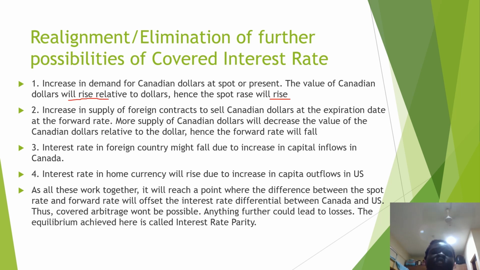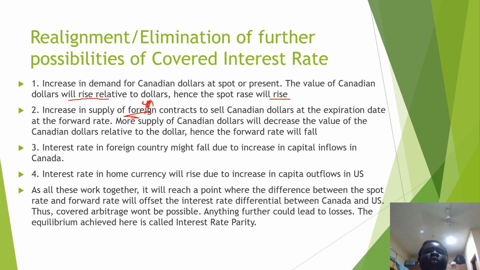And secondly, there will be an increase in the supply of forward contracts. Forward contract, not foreign. There will be an increase in forward contracts to sell Canadian dollars at the expiration date at the forward rate.